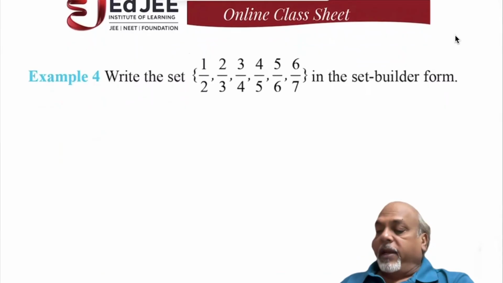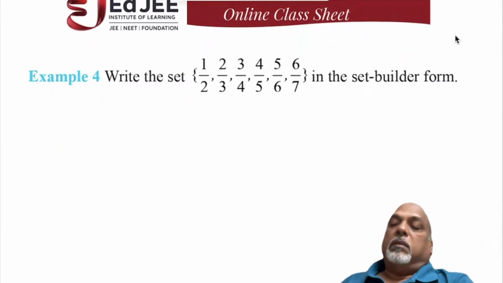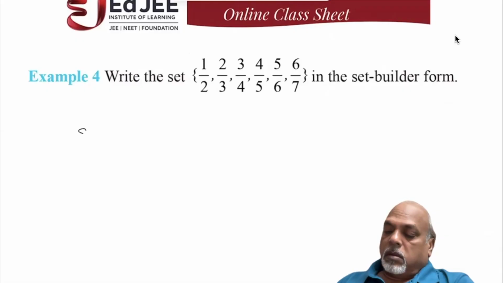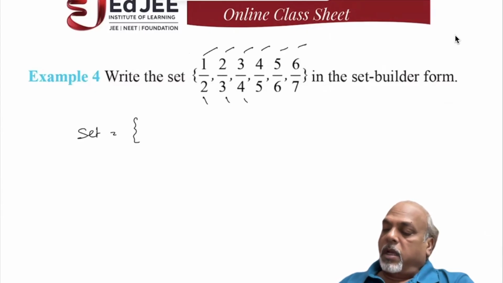Then write the set in set builder form. Here you see these are all natural numbers, and in the denominator also there are natural numbers.